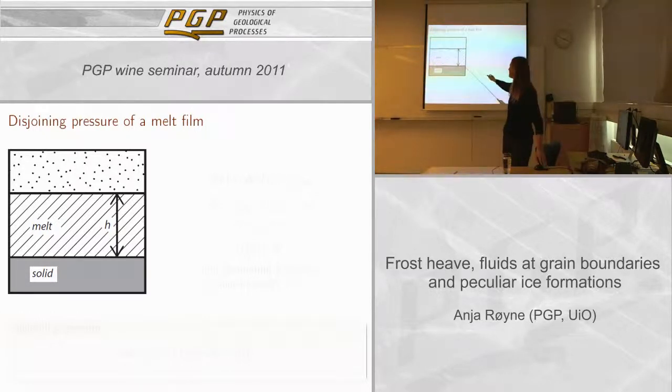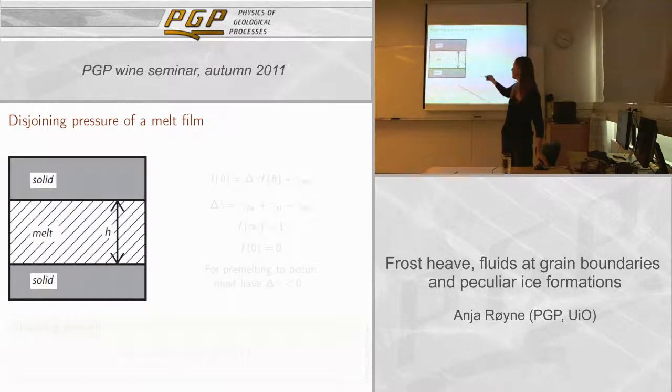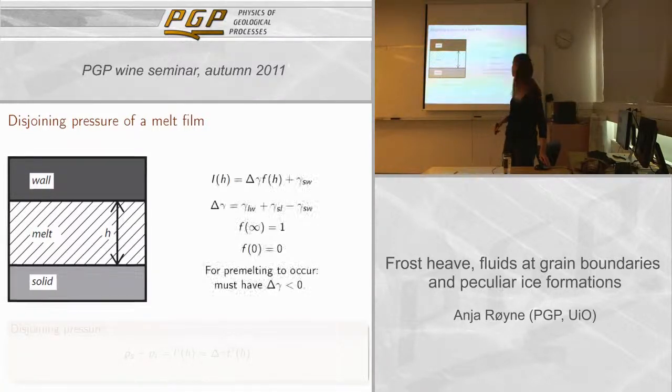Imagine that you have a solid and then there's a liquid film on it with a certain thickness, and it could be separated from either its own vapor or the same solid with a different orientation, making it a grain boundary, or some wall of something that doesn't dissolve in this liquid, so inert in a way.